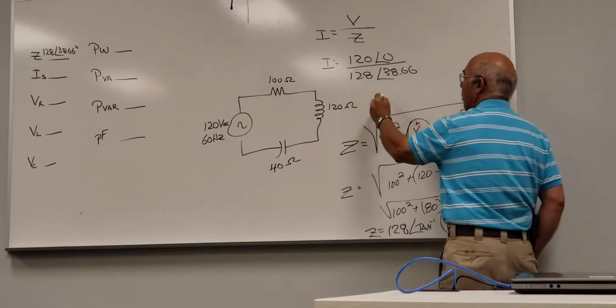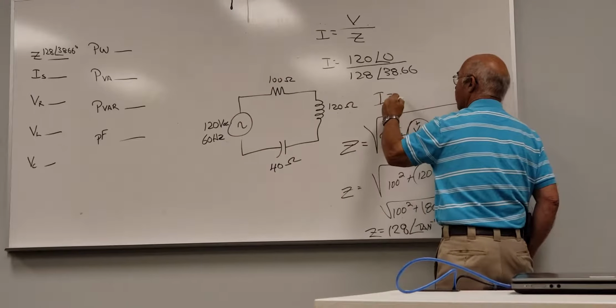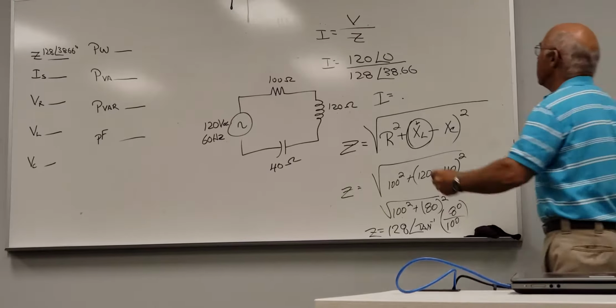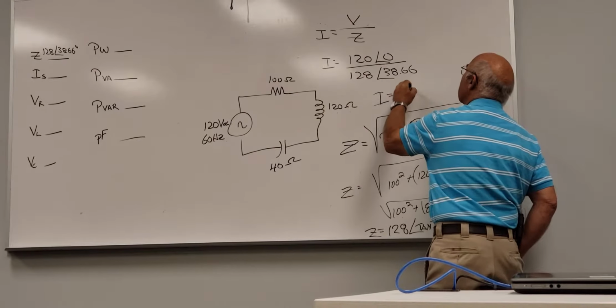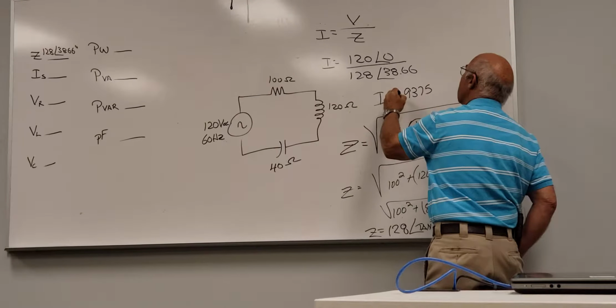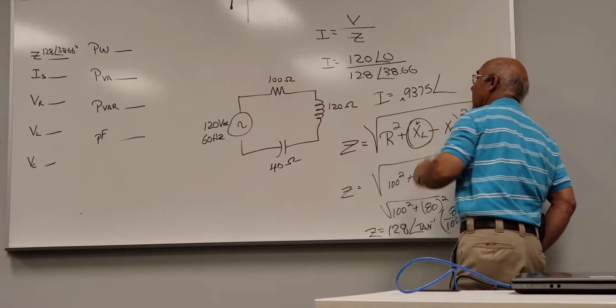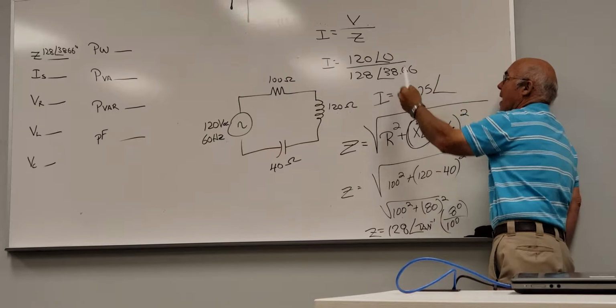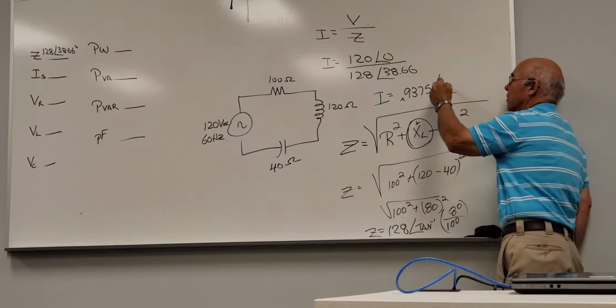So we wind up with I equals point something. 120 divided by 128 is 0.9375. And the angle we get by subtracting: 0 minus 38.66 gives us a negative 38.66.